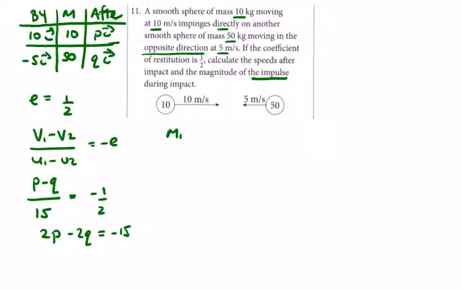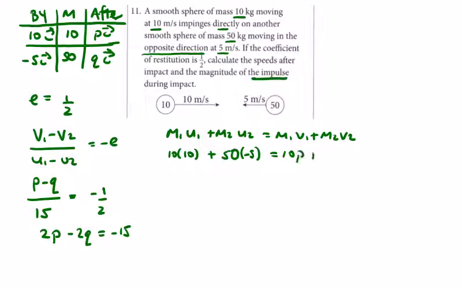And for my conservation of momentum formula, m1u1 plus m2u2 equals m1v1 plus m2v2. We're going to have 10 by 10 plus 50 by minus 5 is equal to 10P plus 50Q.